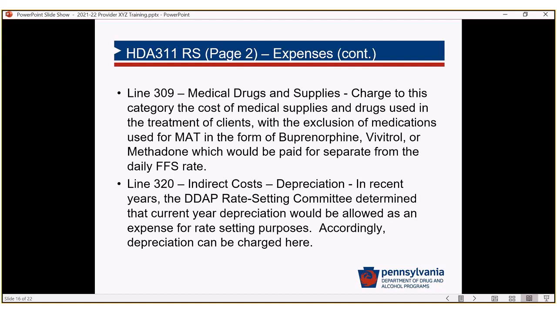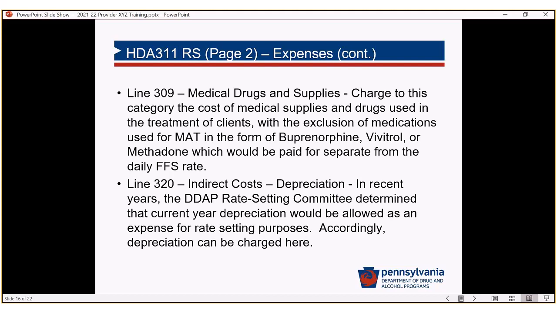Thank you, Erica. I want to circle back to the 3.7 for one minute because I wanted to provide a reminder to the providers that as we're moving forward with the ASAM transition and 3.7 is a new level of care, DDAP is going through a credentialing process to credential providers as a 3.7.